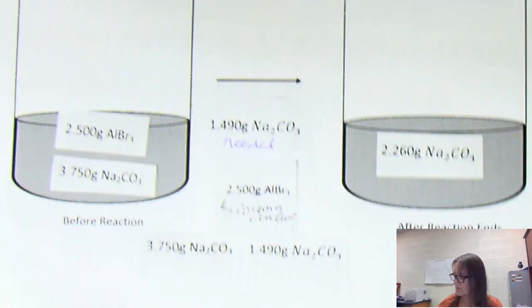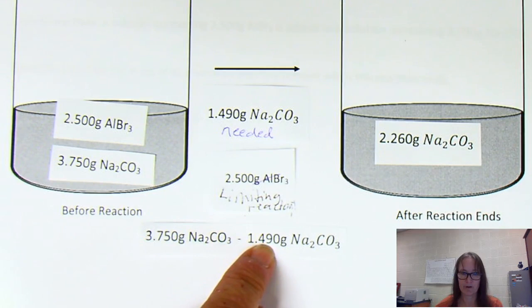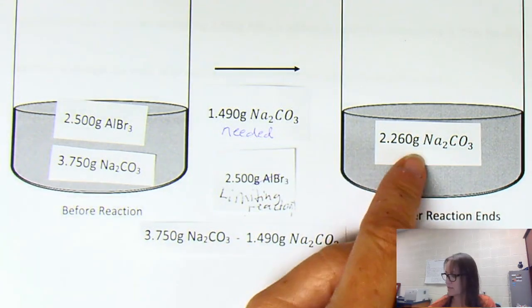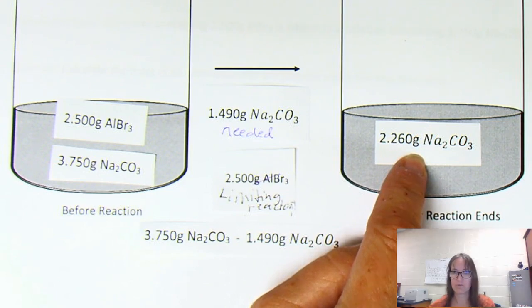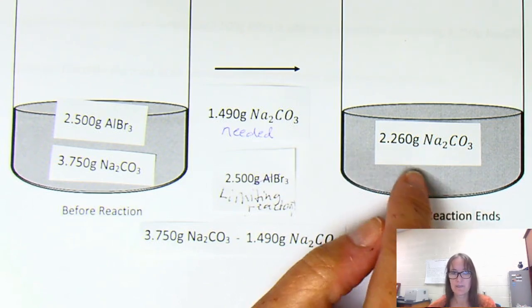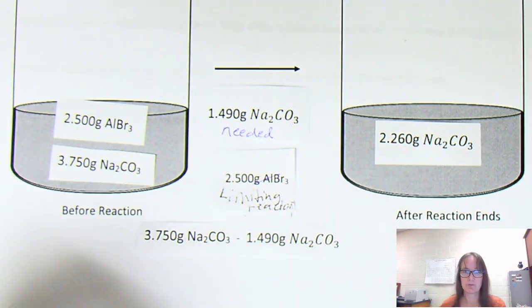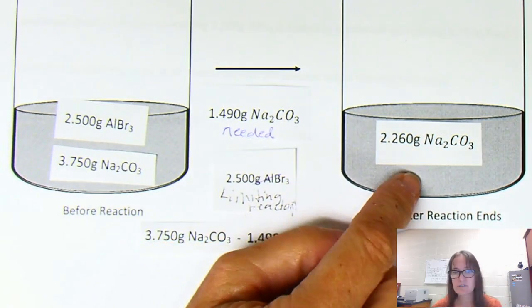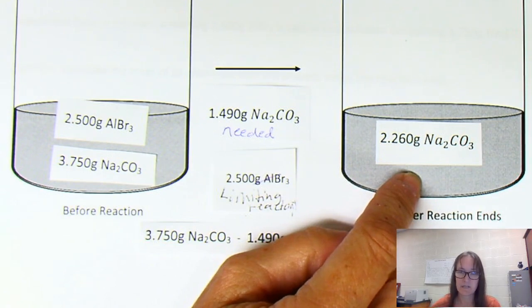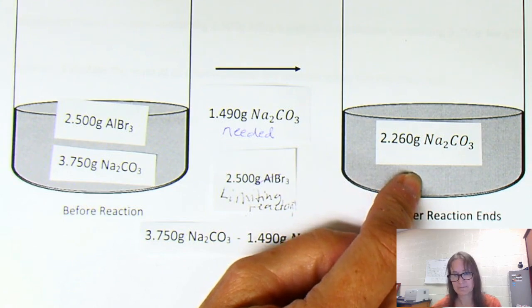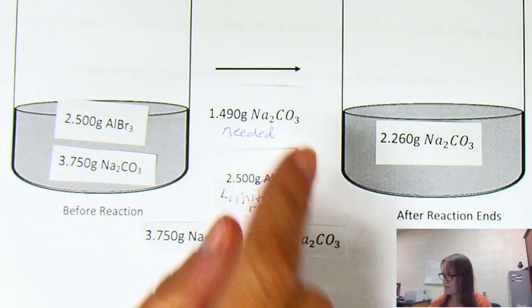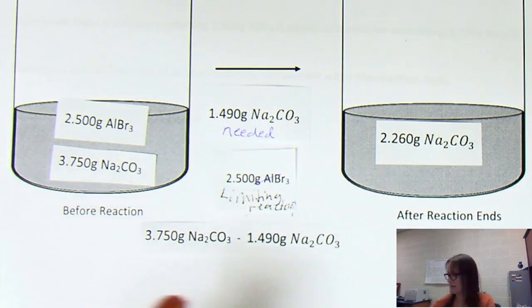So if we use up the 1.490 grams, that leaves us with 2.260 grams of sodium carbonate when the reaction ends. There won't be any of the aluminum bromide because all of it will be used. But in this container with the sodium ions and carbonate ions is going to be solid aluminum carbonate and dissolved sodium bromide. So we're going to do the calculations to figure out what those amounts will be.